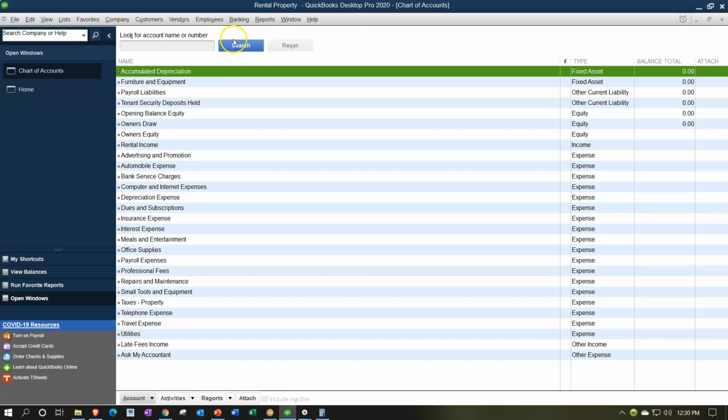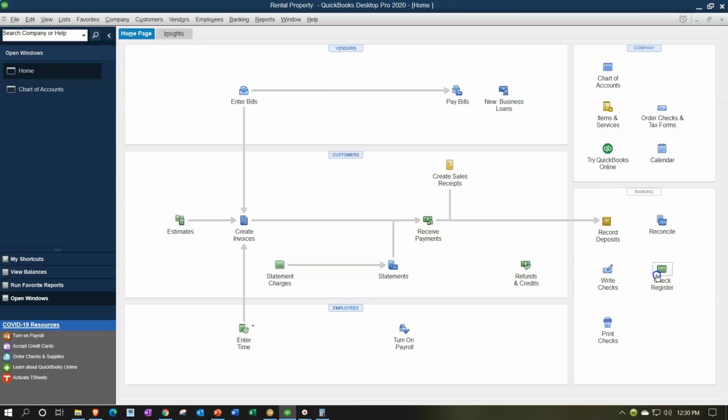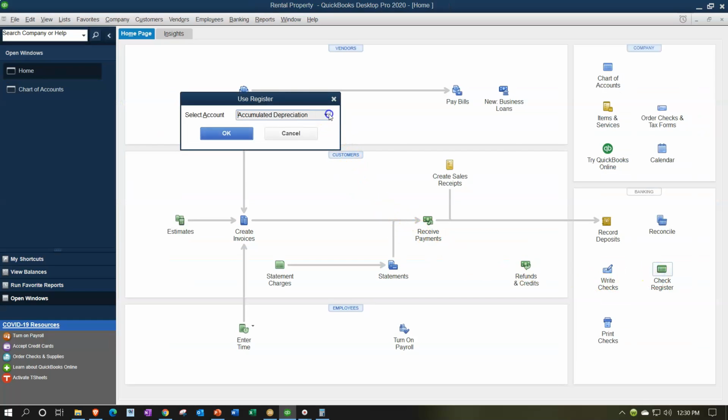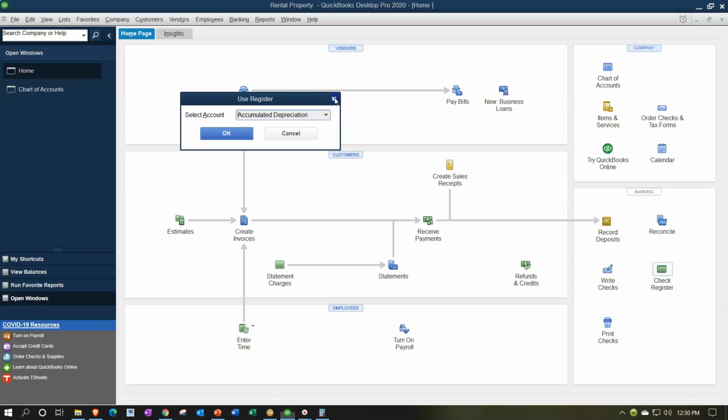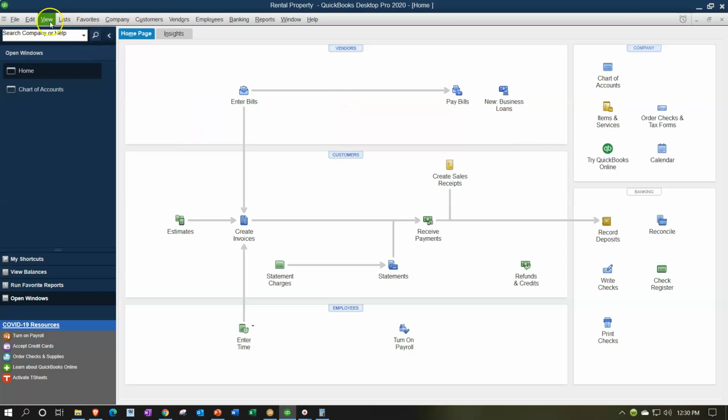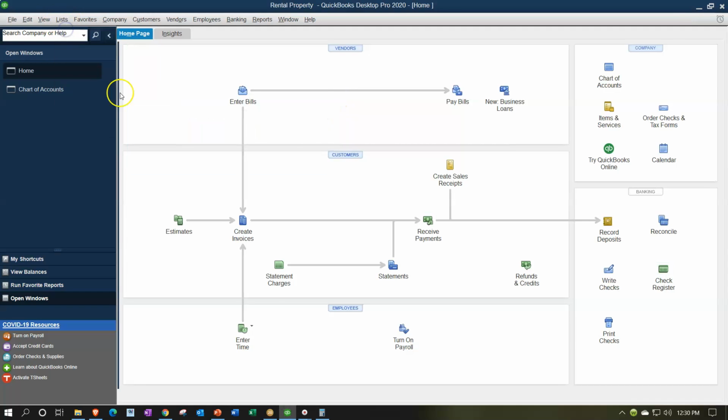And then any transaction we put in place here, I'll just enter them into a check. Let's just make a check. I'll go to the home page, and I have to set up a checking account to do that. So hold on a sec. Let me set up a checking account as well, and go to my lists drop down, chart of accounts.